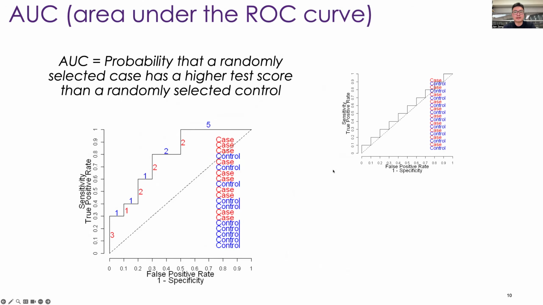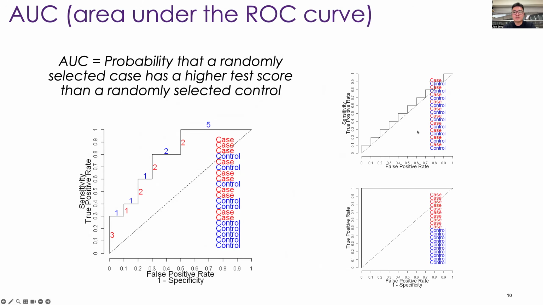An AUC value of 0.5 usually means there is no predictive value. It's no different than a random guess, because you place the case over the control with a probability of 0.5. And an AUC value of 1 means perfect classification: you rank all of the cases above the controls.